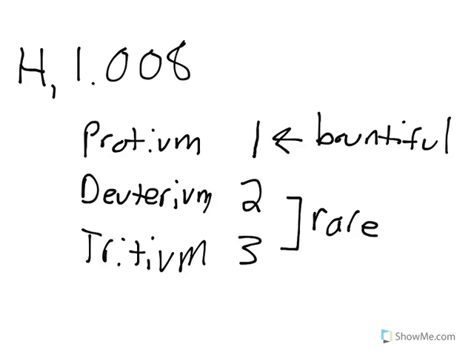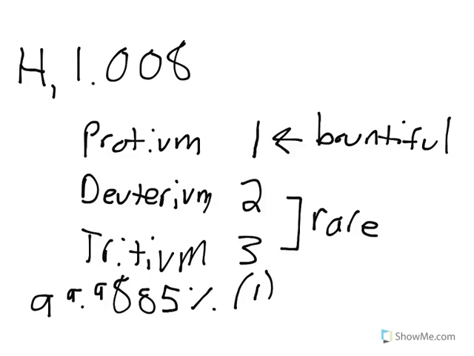So, when we calculate the average atomic mass of the element hydrogen, we'll see that 99.9885% is indeed hydrogen 1, protium, with a mass number of 1.